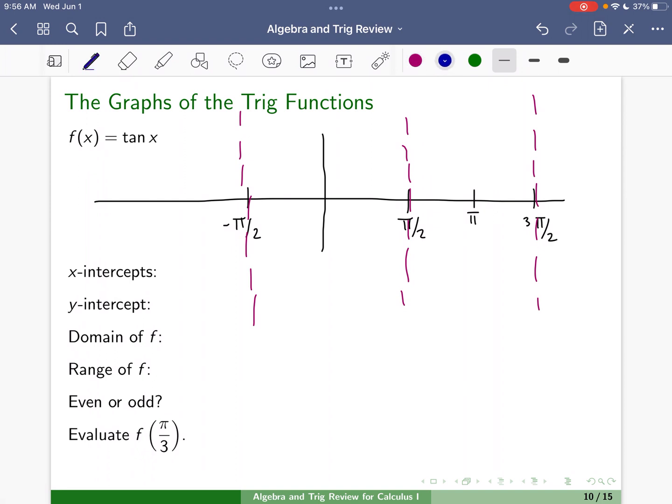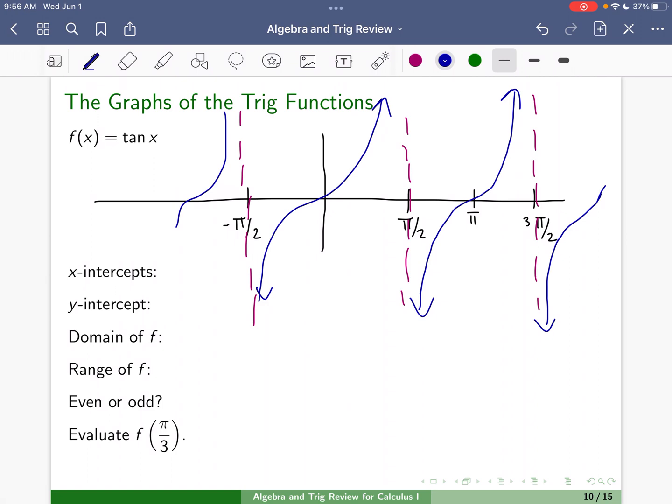And so this picture ends up looking like this. So the picture of tangent has a bunch of vertical asymptotes. And those vertical asymptotes occur exactly where our cosine is 0.